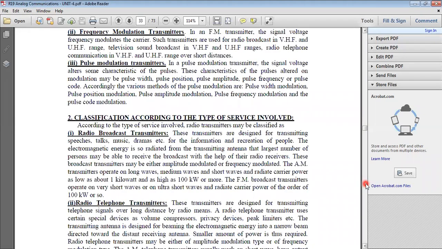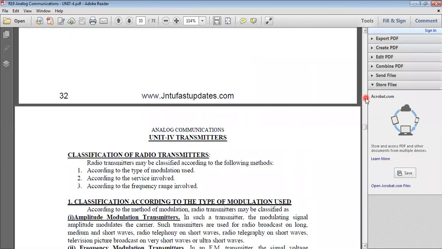So the classification is done in three ways.